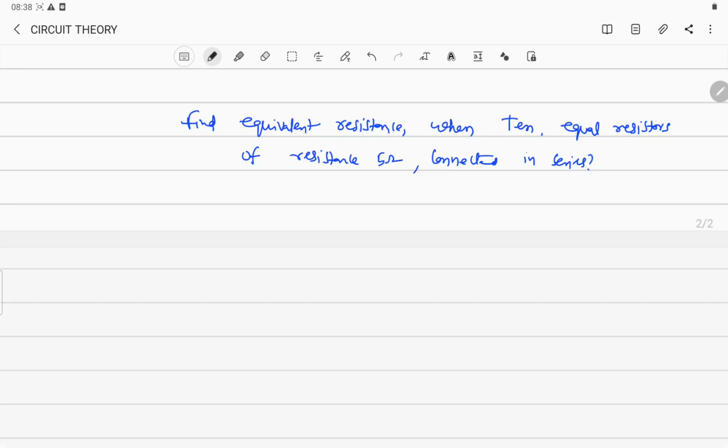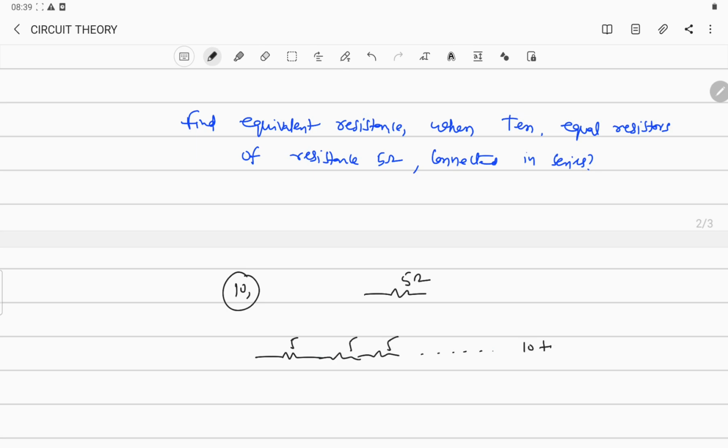For example, here the question says find the equivalent resistance when 10 equal resistors of 5 ohms are connected in series. In this question there are 10 resistors, each of 5 ohms, so no need to add 5 ohms, 5 ohms, 5 ohms up to 10 times.